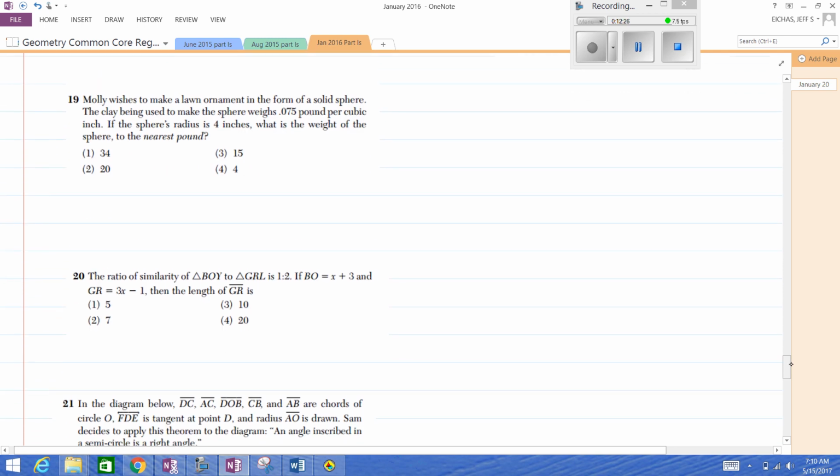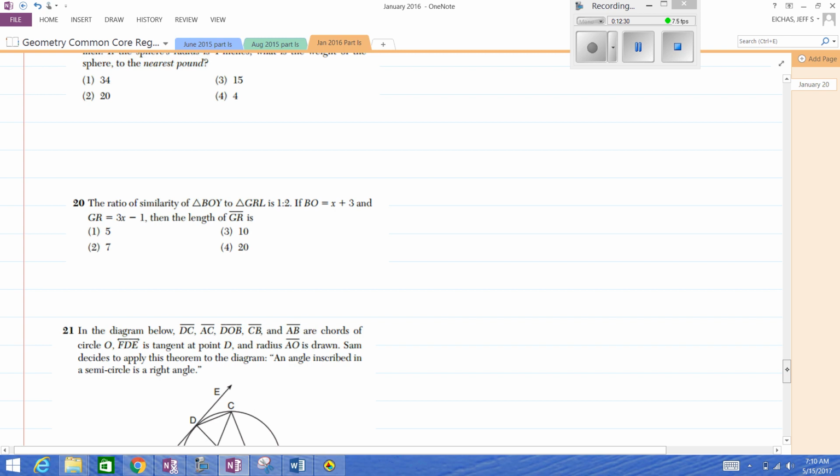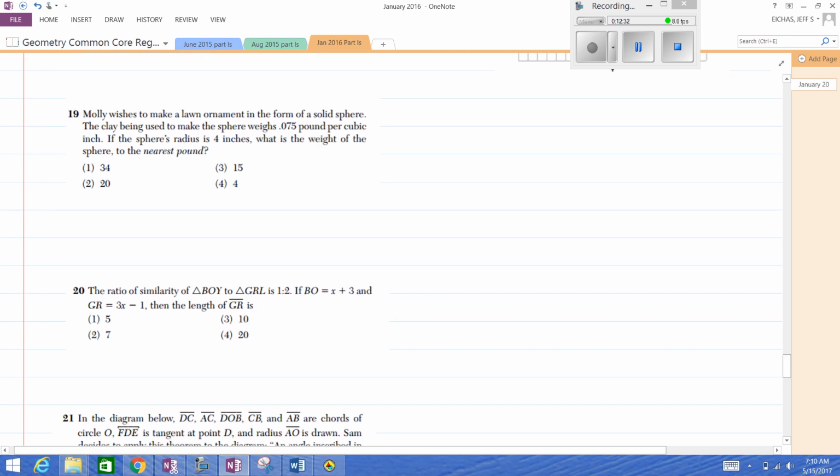All right, let's see. Okay, so we have next a, well, that's not a density problem, is it? A little bit. Okay. Yeah, that's a density problem. All right. So think of density kind of as stuff over space.